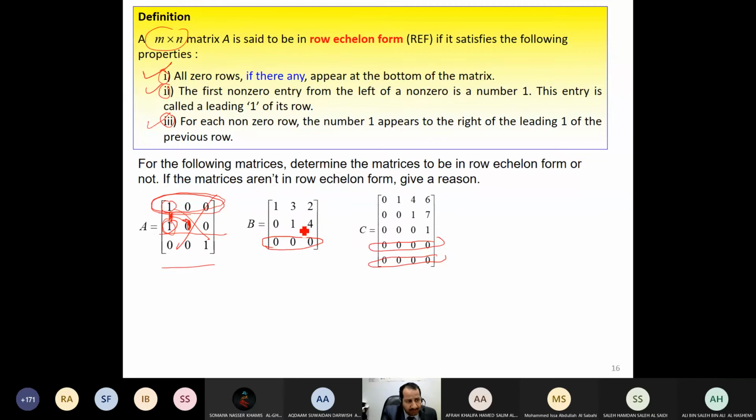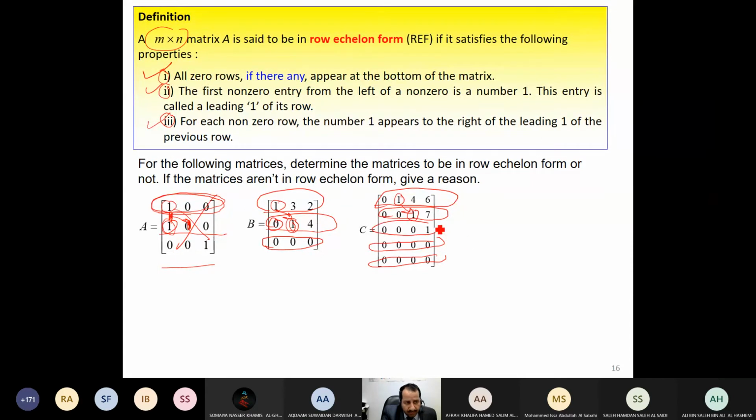This one is satisfied because you see here, this is the first row, it started with 1. The second row started with 1 one place behind. It means here 0, here should be 1. This one started with 1, as you can see here, and this second row started with 1 one place behind, so it satisfies the third condition.